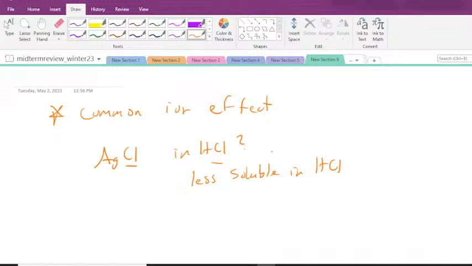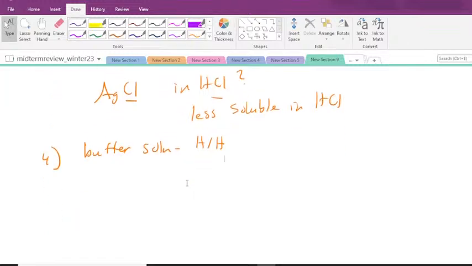And then I mentioned, like I said, determining the symbols based upon endothermic and exothermic, spontaneous, not spontaneous. We didn't go over 4, but that was just a buffer solution one. So of course that's just Henderson-Hasselbalch. And then we didn't go over the titration one, but I think we've done that a lot.